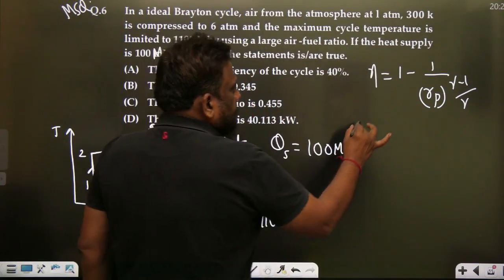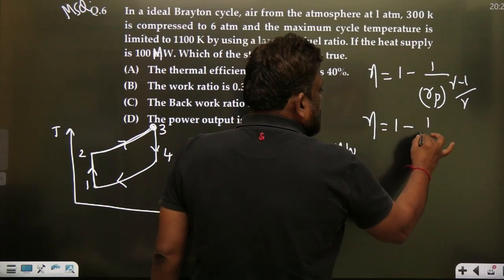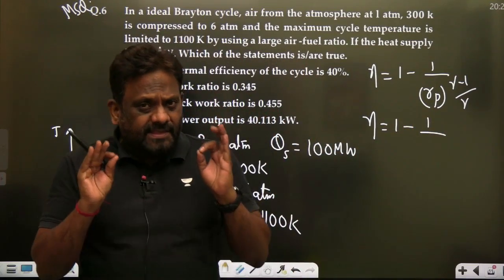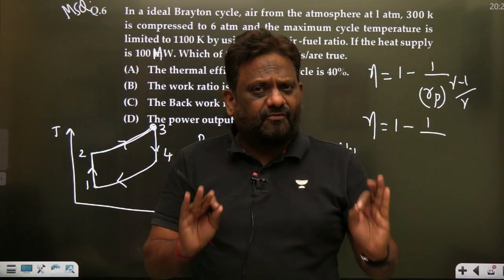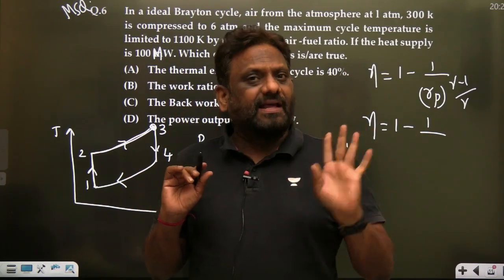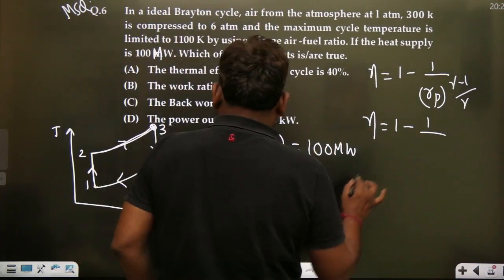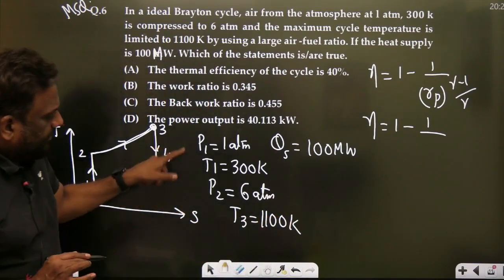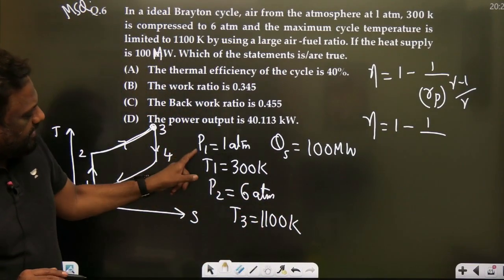So efficiency is 1 minus. Please note down that these questions are important from GATE, CE, Thermodynamics, Applied part and ME Mechanical Engineering also. 1 minus 1 by, what is the pressure ratio? P2 by P1. P2 is 6, P1 is 1.